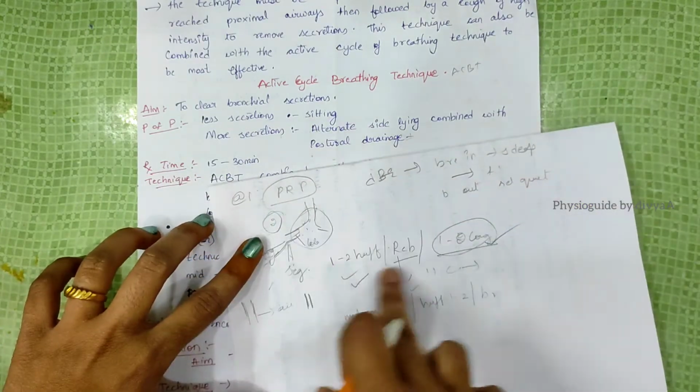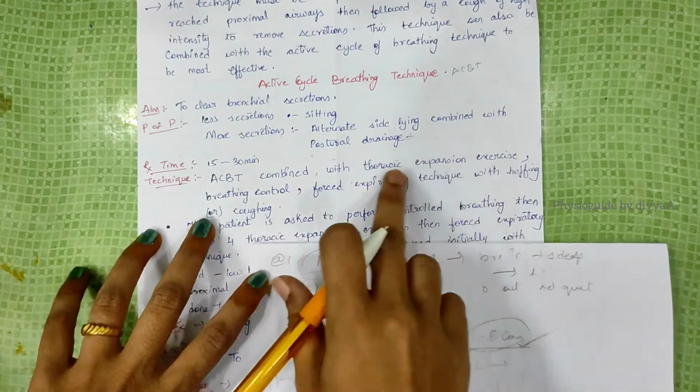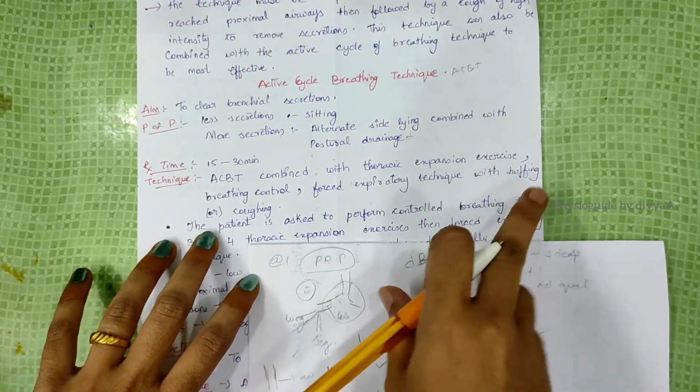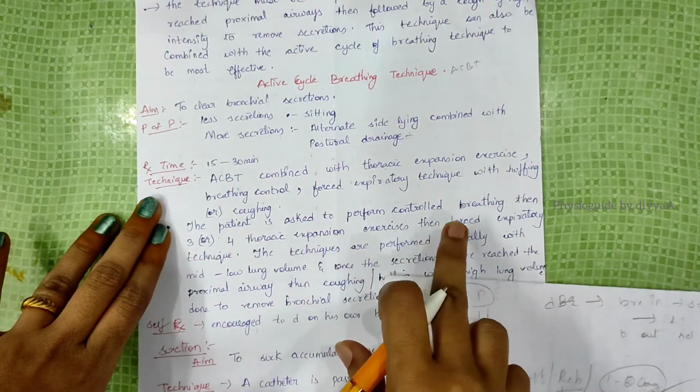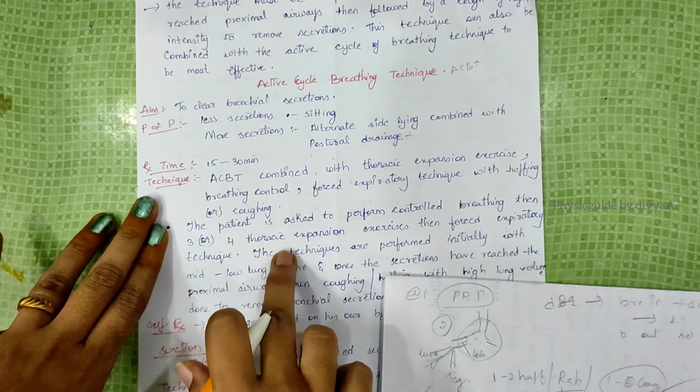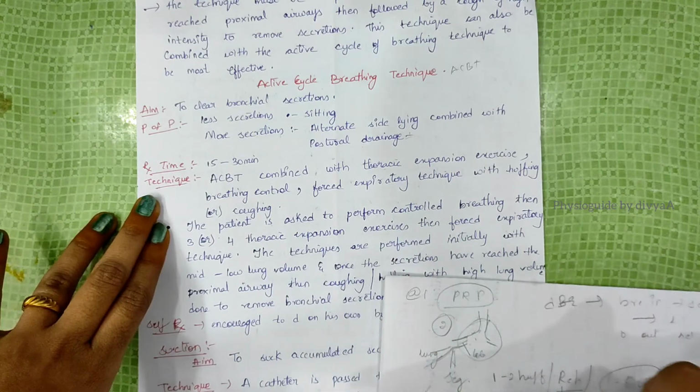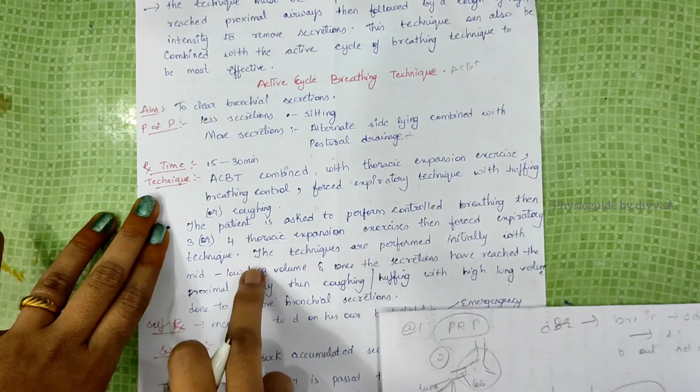As I told, this technique is combined with huffing and coughing. The patient is asked to perform controlled breathing, then three to four thoracic expansion exercises, then the forced expiratory technique.